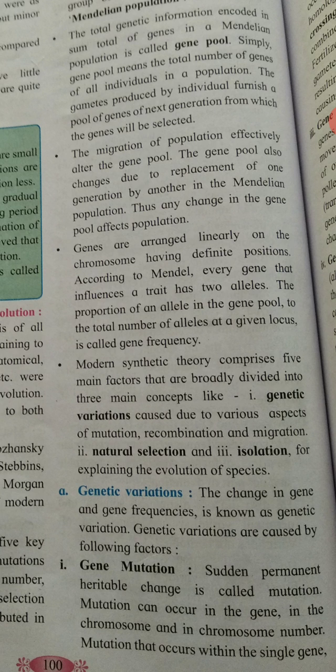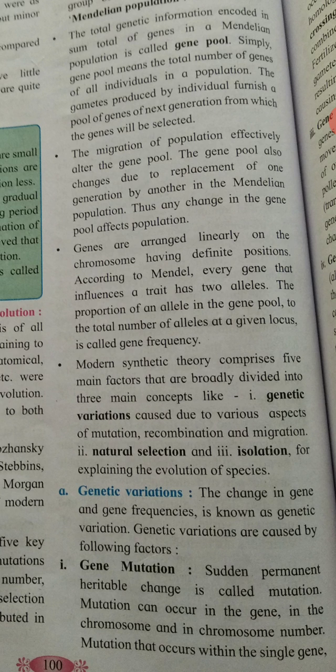Now first it is gene mutation. Gene mutation means a sudden, permanent, heritable change, which is called mutation. A sudden, permanent change can occur in generations, and that is called mutation.